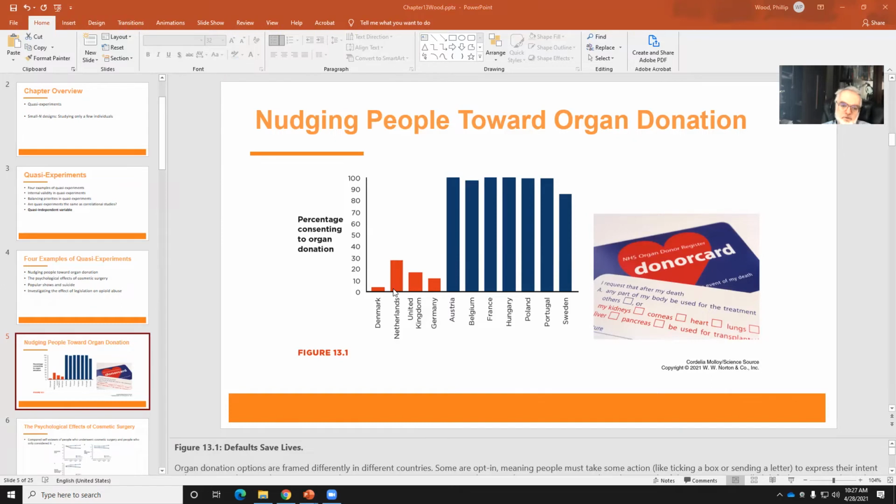And other countries, well, the Netherlands does have socialized medicine, but maybe there's a different variable going on there that both causes people to not consent to donate organs and also to have a law about how organ donation goes. Maybe some ethical or moral or religious reasons for not donating organs might be operant in those countries.